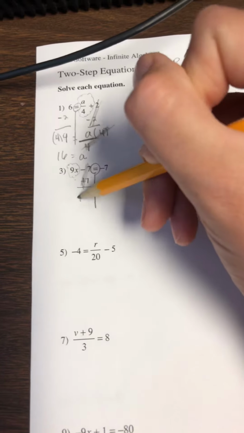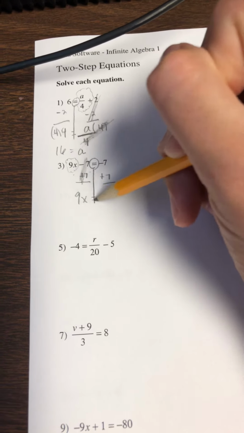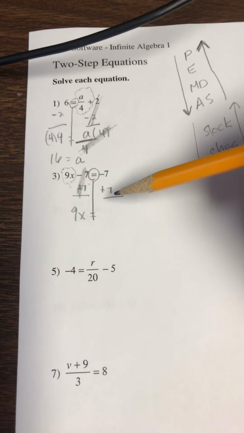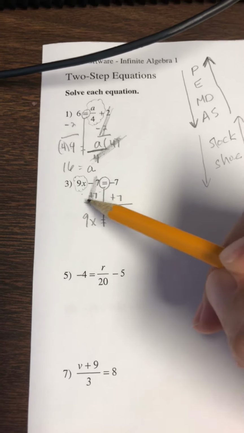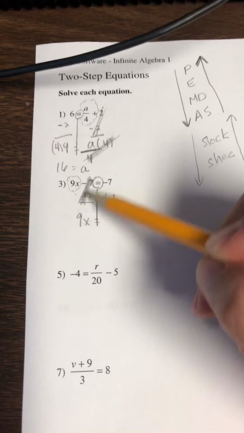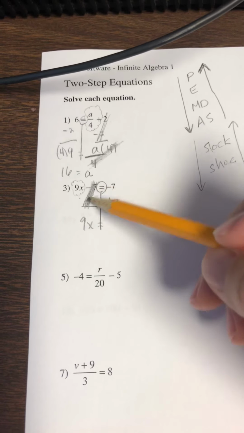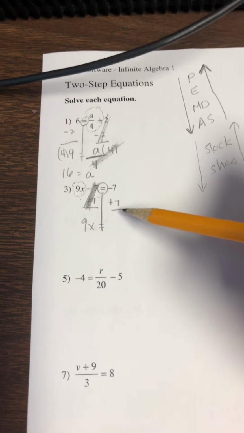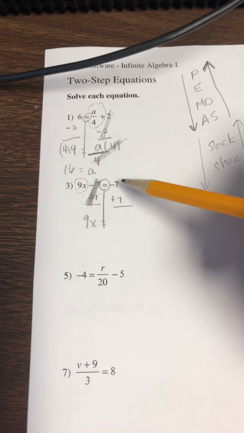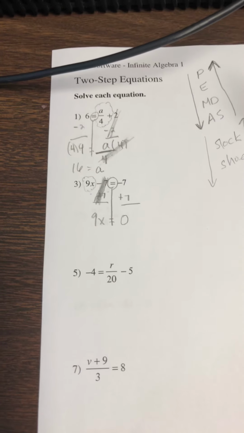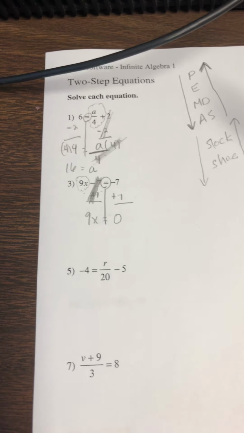So this first side is just left with 9 times x. And on the other side, negative 7 plus 7 cancels. But now over here, when I canceled this stuff, I didn't actually put a 9x minus 0 because I didn't have to. But on this side, since there's nothing left, you're going to have to put the number 0. Negative 7 plus 7 is 0.